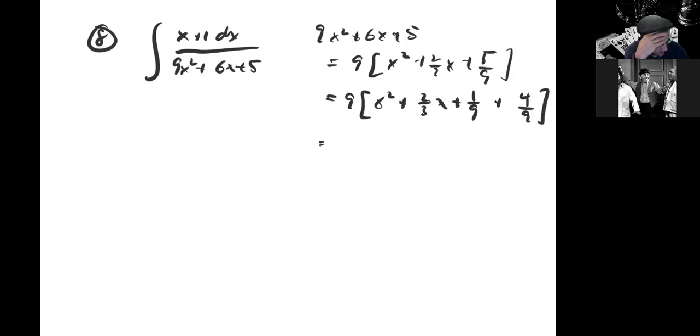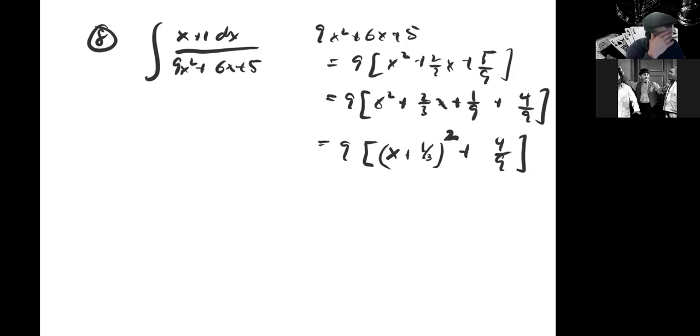So this becomes 9 times (x plus 1/3) quantity squared plus 4/9, which I can think of as 9 times (x plus 1/3) squared plus 4.